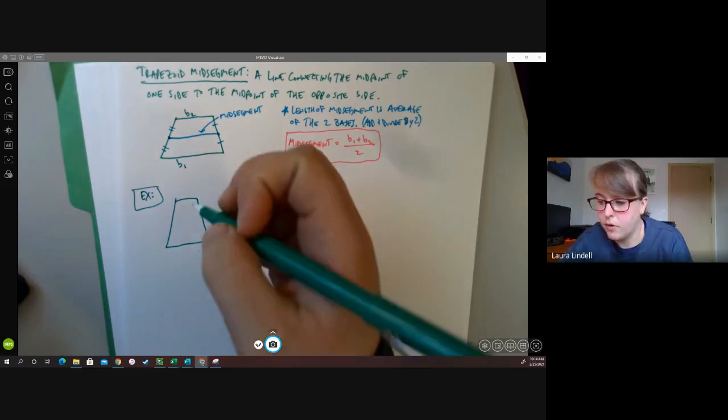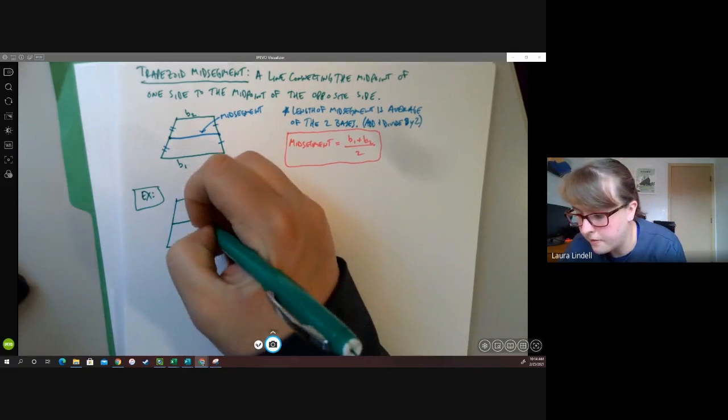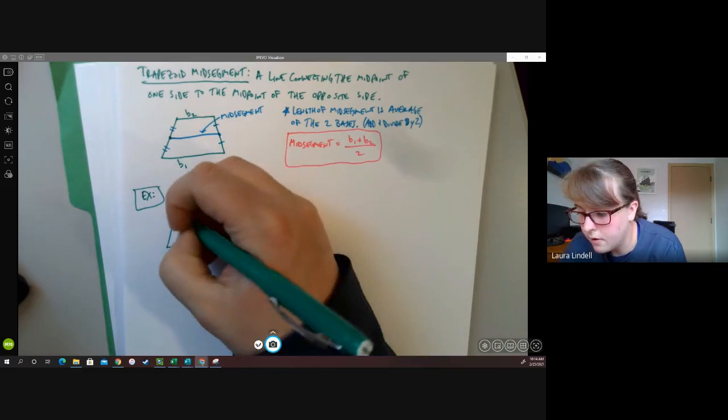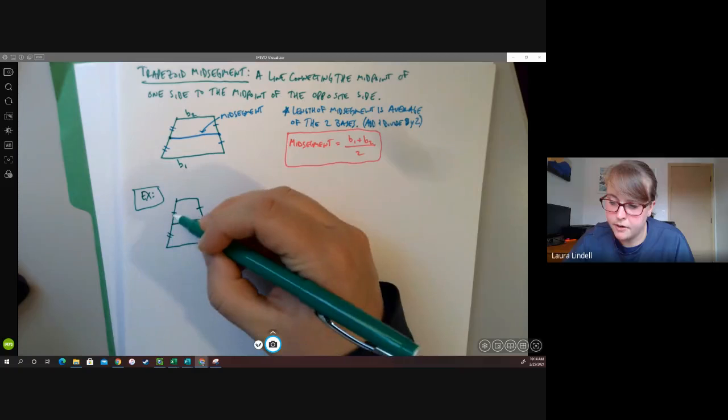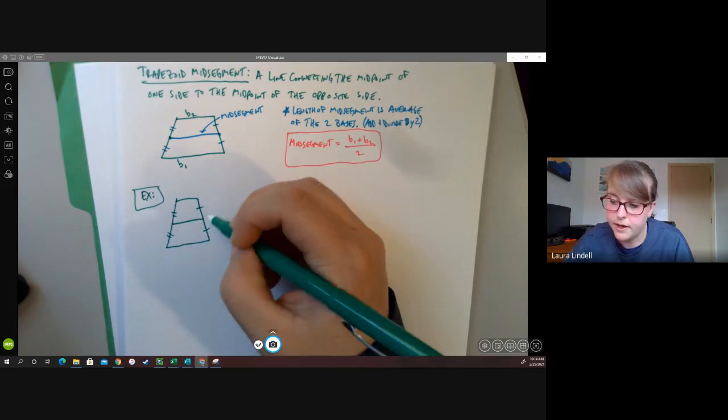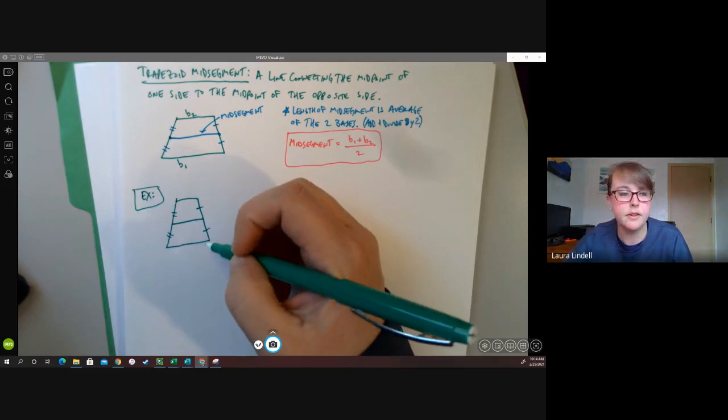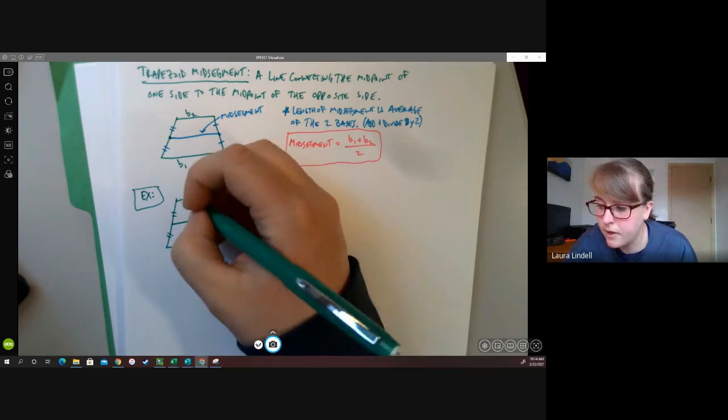Okay, so we're going to be told that this is the mid segment. If they don't tell you outright that it's a mid segment, but they have markings like this on here that show that this is the midpoint of this side and this is the midpoint of this side, then it's safe to assume that it's a mid segment.